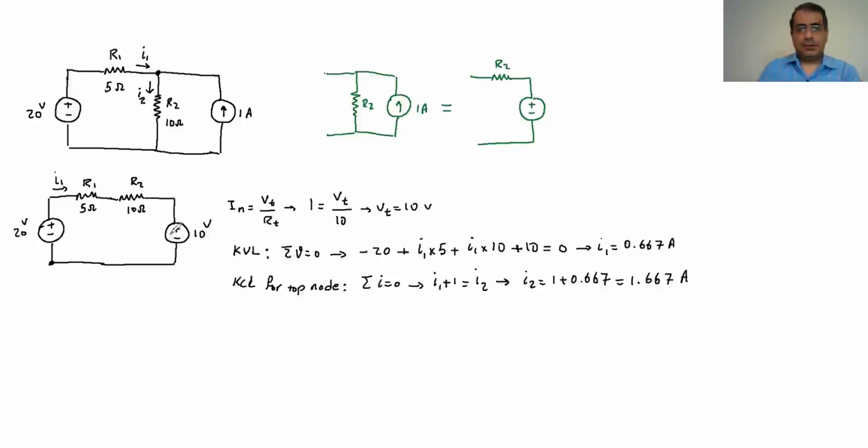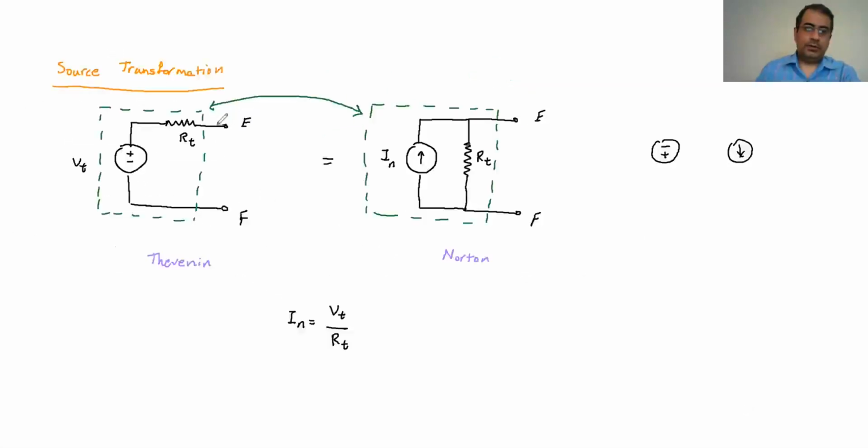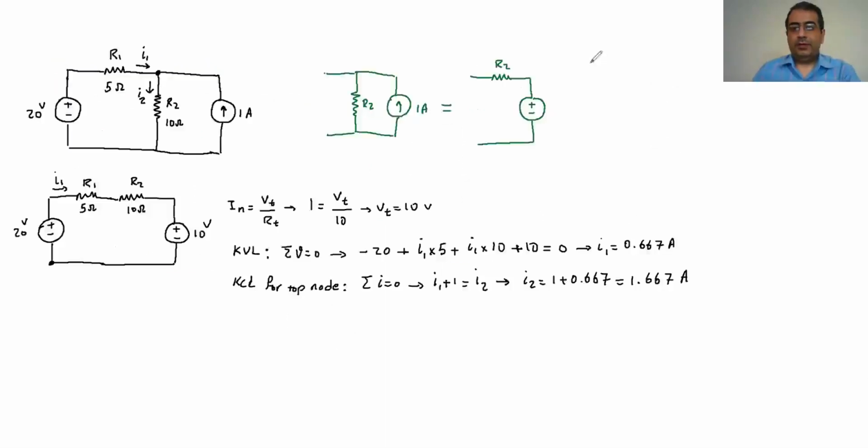The second method is, going the other way around: if I have the battery and the resistance, I can replace them with the current source and resistance. So look here. Now I'm going to draw the left part of that.